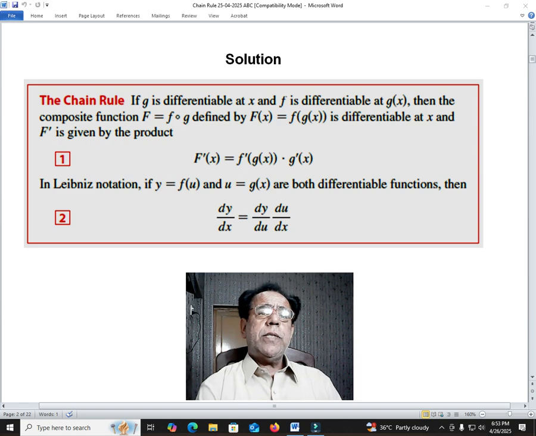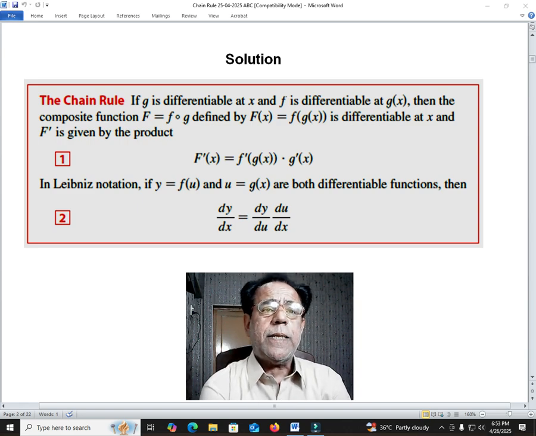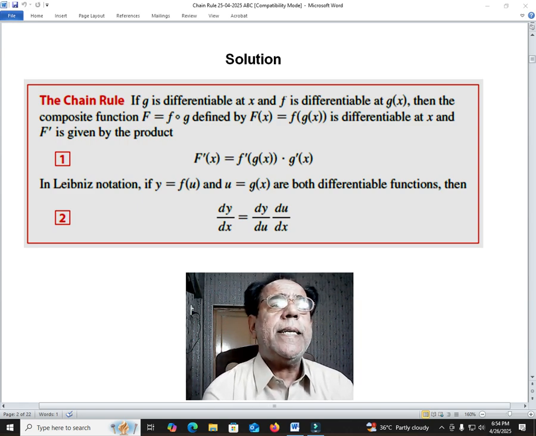Dear students, these problems mostly relate to the chain rule. So the first slide is about the chain rule.